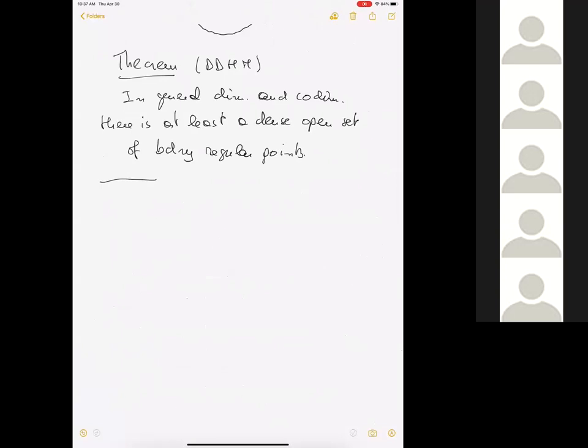So if I take a boundary which is given by two curves, and let's say that I orient the curves in the same way.